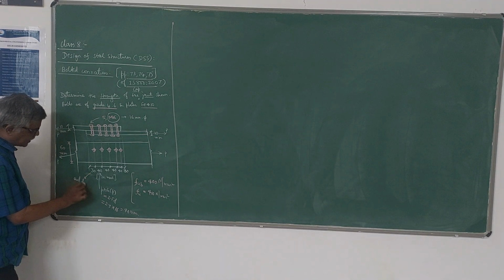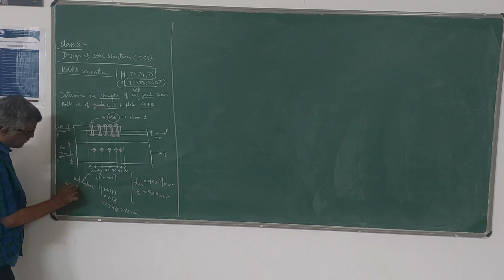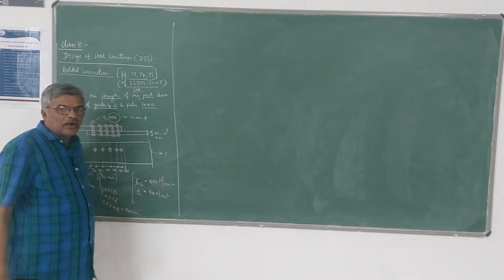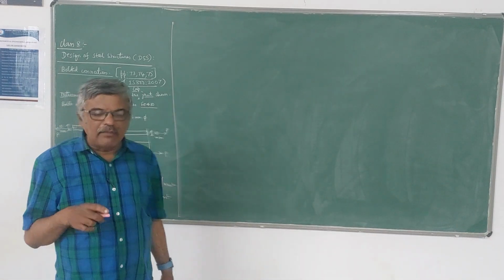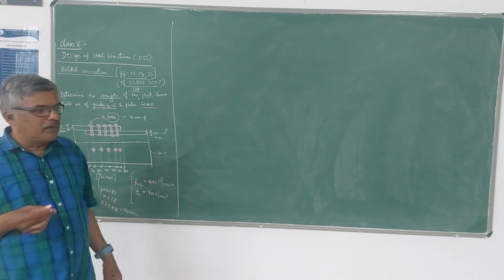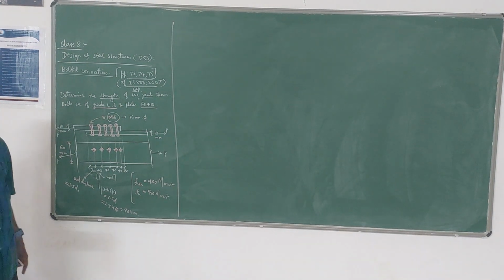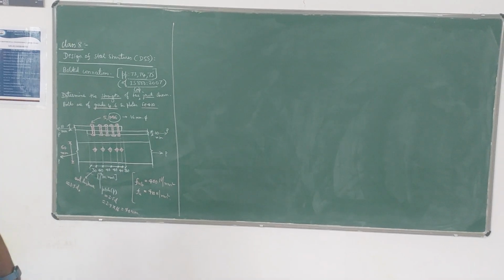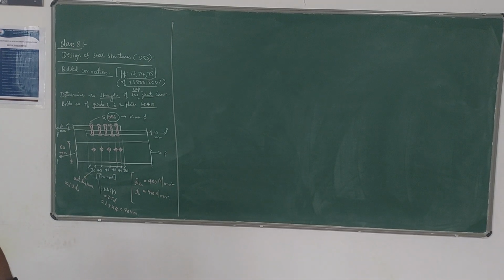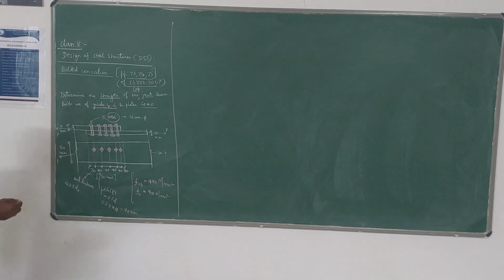This end distance is normally taken as 1.5 times d naught, where d naught is the diameter of the hole, so the diameter of the bolt hole. The diameter of the bolt hole will be more than the diameter of the bolt. As per the code, it is given in page number 73, Table 19.